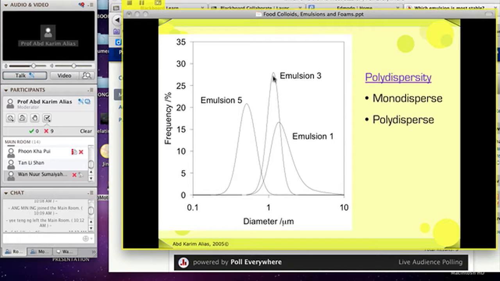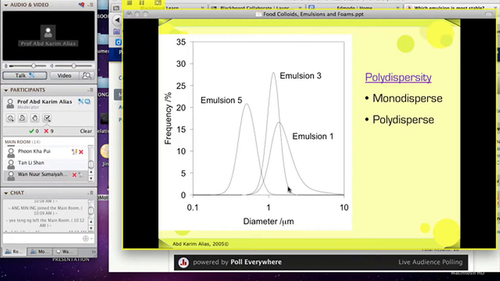Okay, emulsion 3 is this one. This is a kind of monodisperse emulsion where the size distribution is more or less uniform, and we can see the mean size compared to emulsion 1 is smaller, but compared to emulsion 5 the size is slightly bigger in terms of mean diameter.